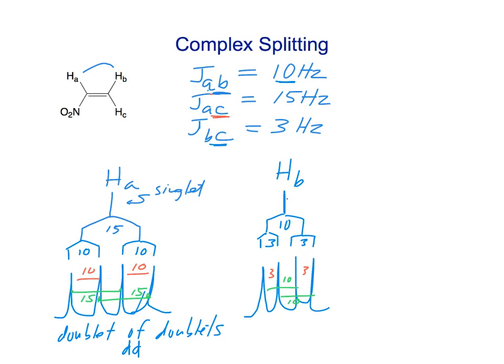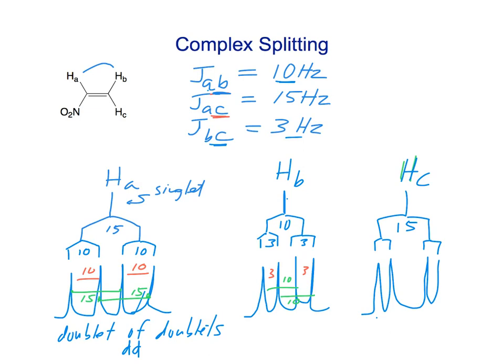Okay? All right, so let's look at the third one, HC. C has a 15 hertz and a 3 hertz. So this would still be a doublet of doublets, but we kind of have two doublets that are far apart.